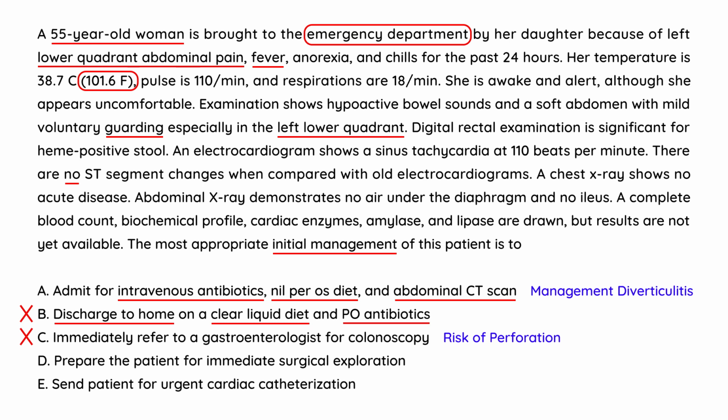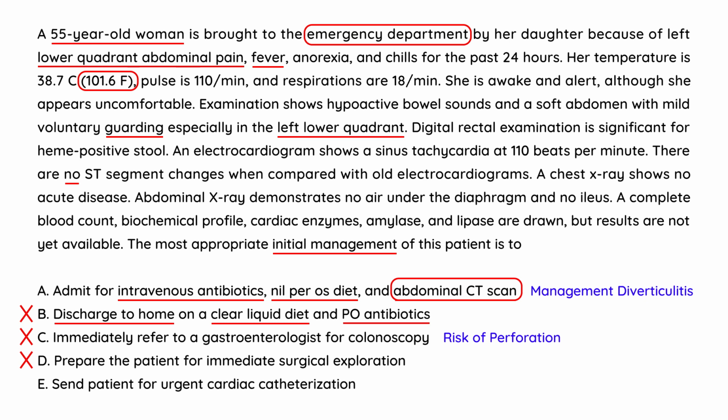Next one, prepare the patient for immediate surgical exploration. We need to actually do the abdominal CT first to figure out what's going on before you just rush them off to surgery. You need to actually have a confirmed perforation and established diagnosis before this can be done. So not that. And last one, send patient for urgent cardiac catheterization.